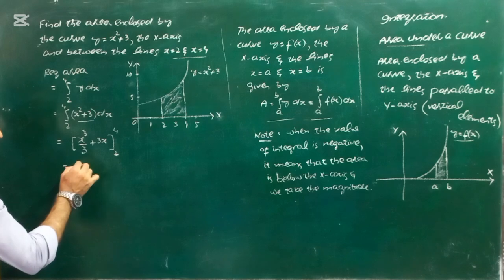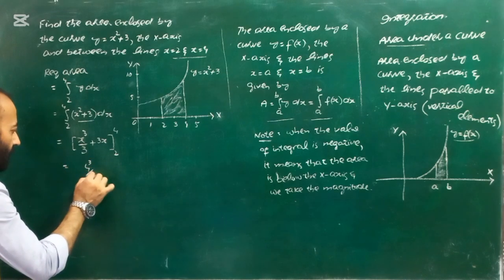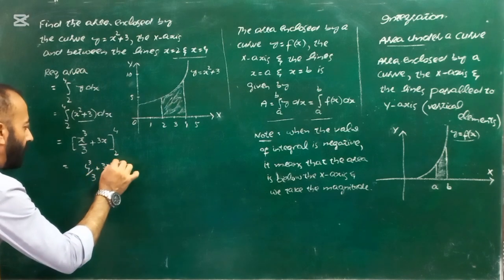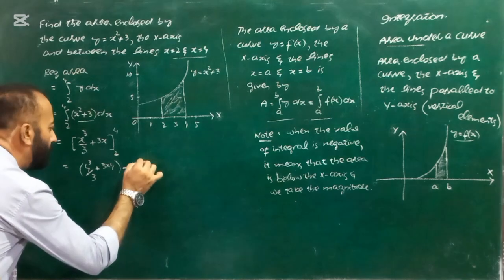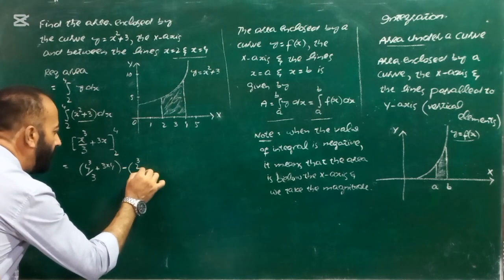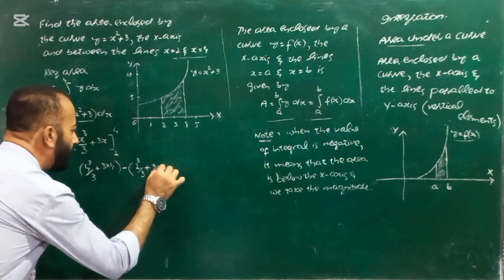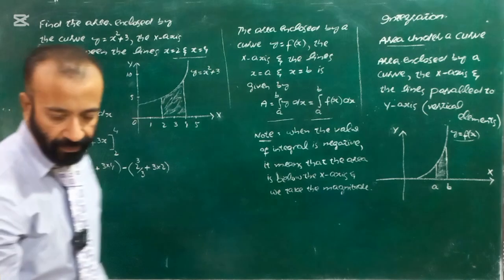So look now, that will be 4 cubed over 3 plus 3 into 4 minus the lower limit, that is 2 cubed over 3 plus 3 into 2. So after applying, we will get the answer.